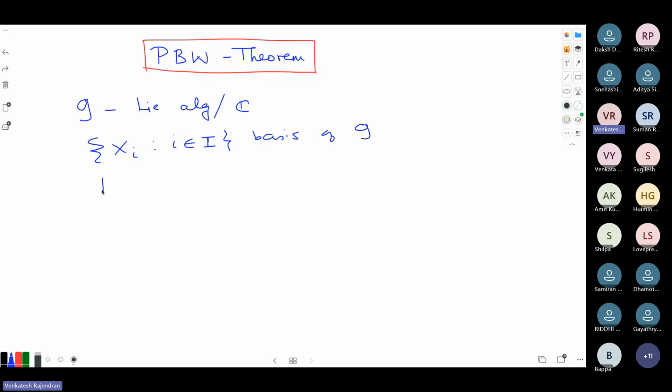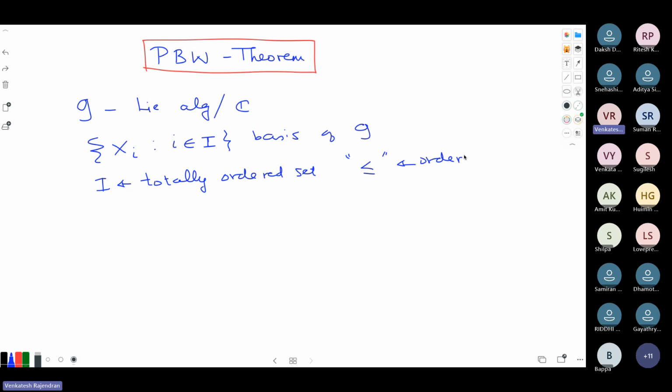So we take I to be a totally ordered set. The ordering I will denote by less than or equal to. With this, we will work with g with this basis.